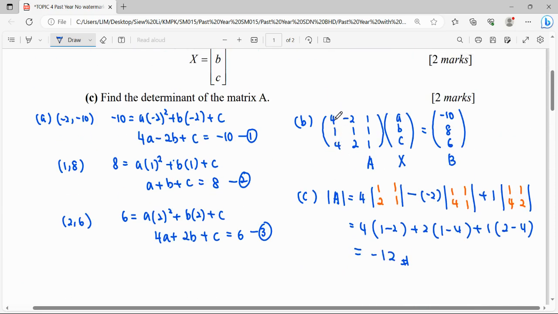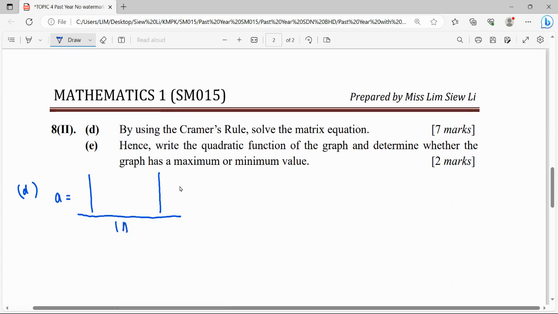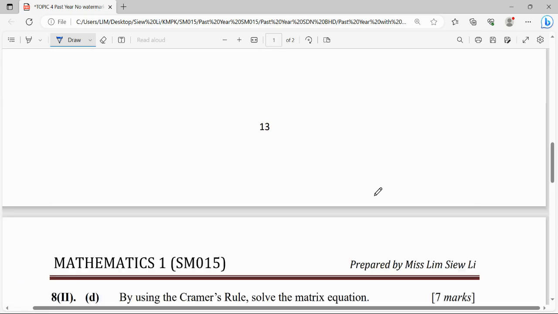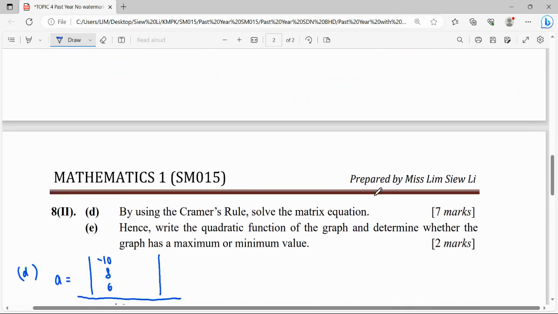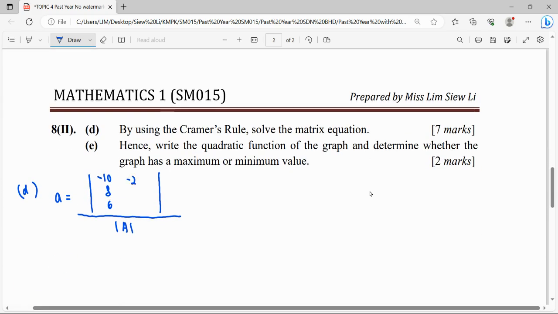We replace this first column with our answers -10, 8, 6 to find a. When you want to find b, we replace the second column. When you want to find c, we replace the third column by our answers. Find its determinant and divide by the determinant of the matrix. So this is how we find our unknown a.